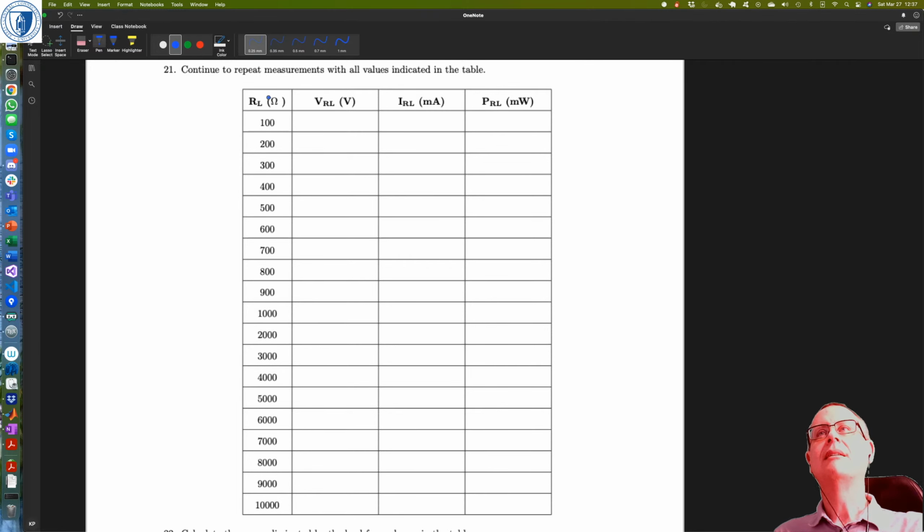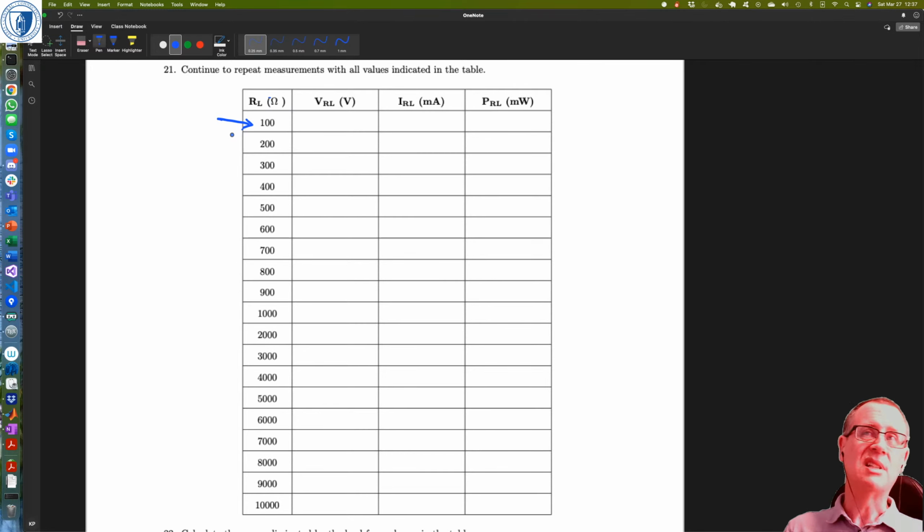Setting a particular value for the resistance is hard using one of those potentiometers. So you have to measure what the real RL is. You can set it close to 100, but it won't be exactly 100. It'll be 90 or 110 or 120. So you have to measure it, and then you need to measure the voltage and the current across it. So it's a little tedious, particularly for doing this number of measurements.